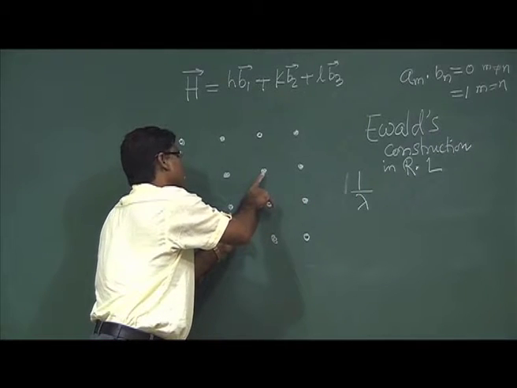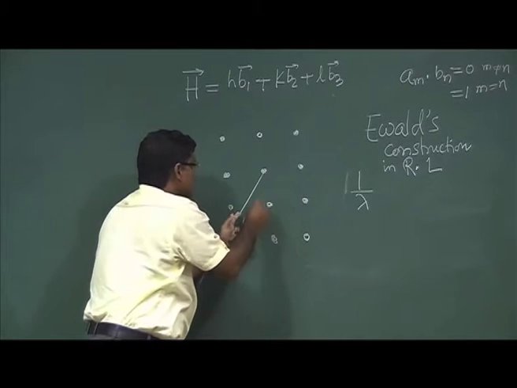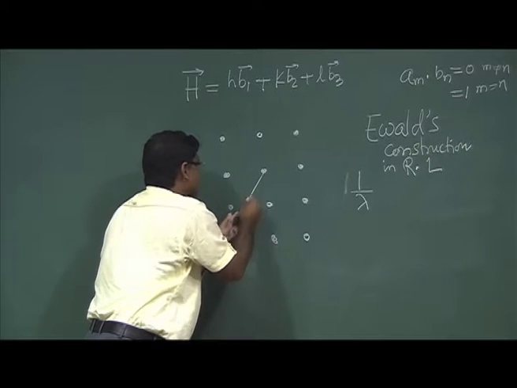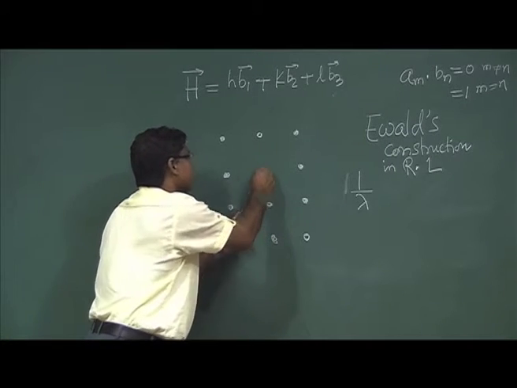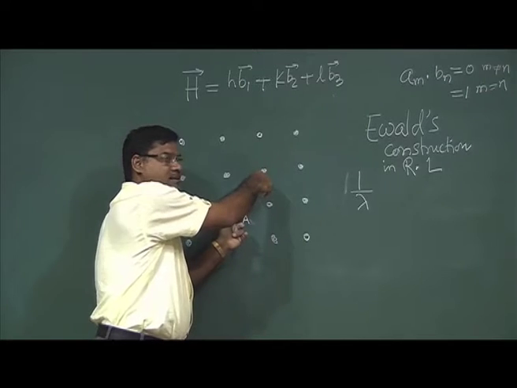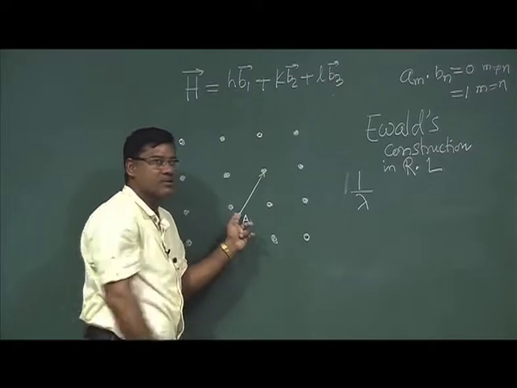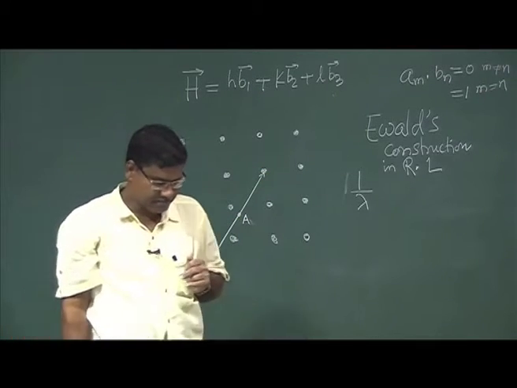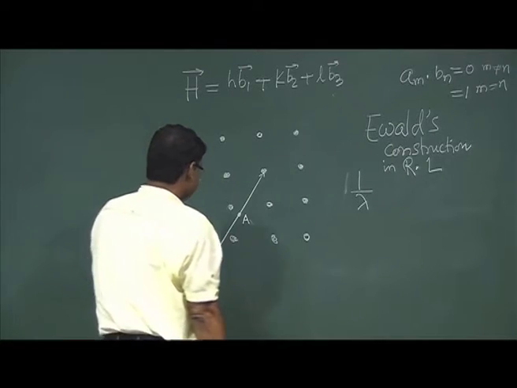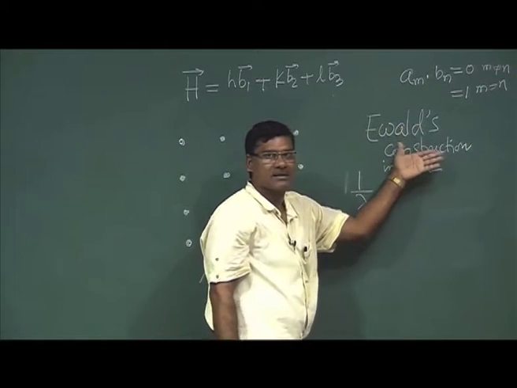So this is the incident direction of X-ray, and on this direction the magnitude is 1 by lambda. That is Ewald's construction.